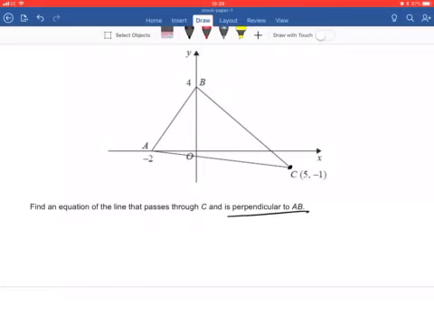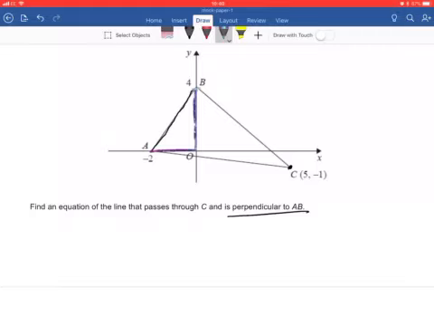Okay, so we've got AB here, and I can probably work out the gradient just by inspection, really. So I've already got a triangle here.